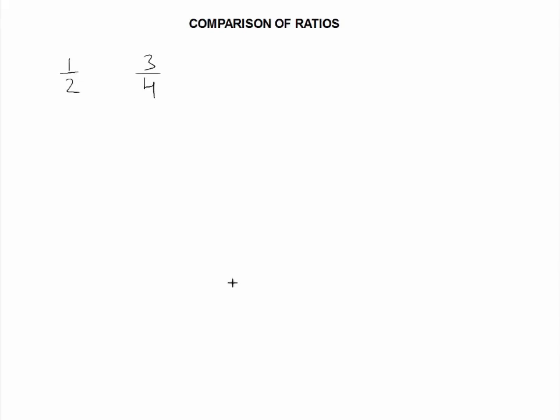For example, let's say we want to bring both to the same denominator. 1 by 2 and 3 by 4, we can make this 4 by multiplying this by 2 by 2. So here we will get 2 by 4 and this is 3 by 4. Clearly we can see 3 is greater than 2 and hence 3 by 4 is greater than 2 by 4.